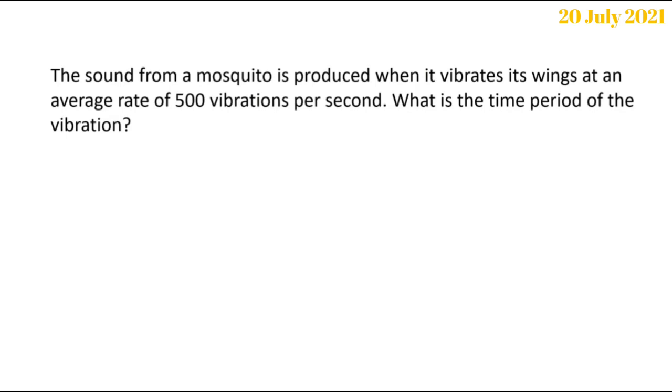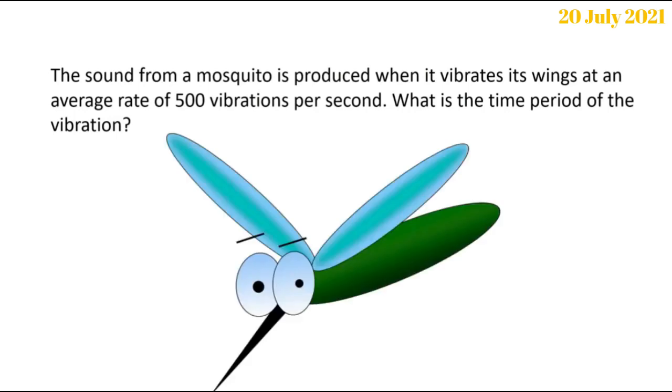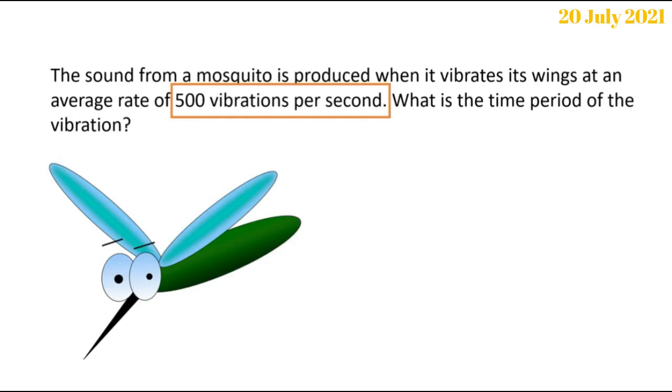Well, we all know, when the mosquito comes, it vibrates its wings so fast. What is more important here, look at the problem. What is given there is 500 vibrations per second. Means mosquito vibrates 500 times in 1 second.